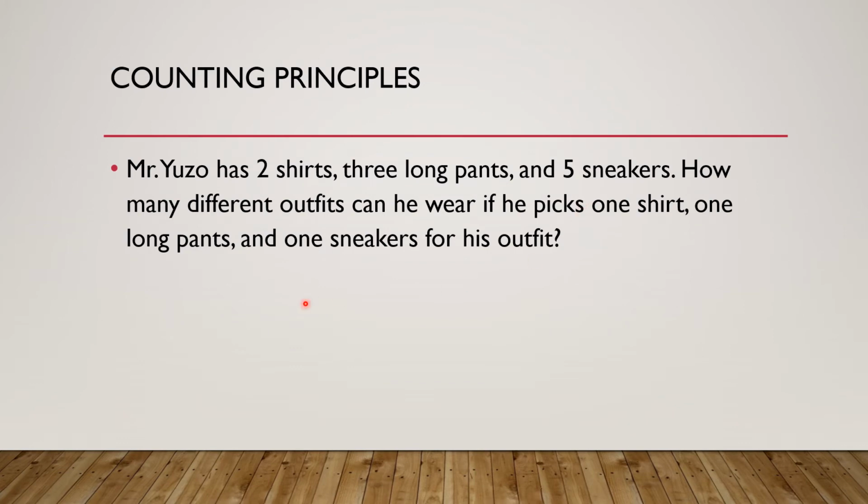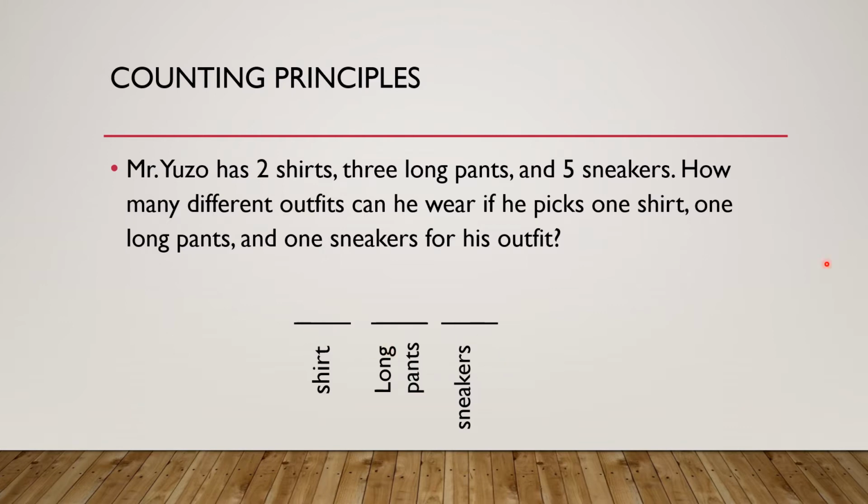Mr. Yuzu has two shirts, three long pants, and five sneakers. How many different outfits can he wear if he picks one shirt, one long pants, and one sneakers for his outfit? We have three things here. The first blank denotes the shirt, the second is for the long pants, and the third is for the sneakers.